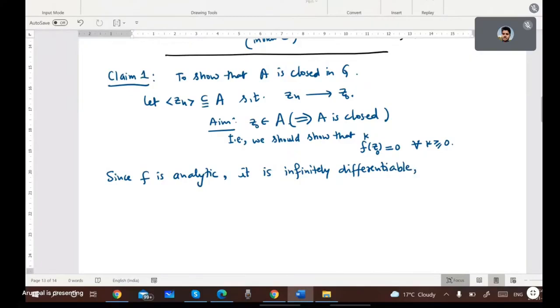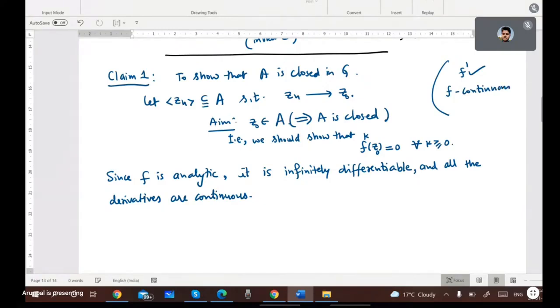And if it is infinitely differentiable, all the derivatives are automatically continuous. Because if it is differentiable twice, it means the first order derivative is continuous. If it is differentiable thrice, then whenever you take the next order derivative, the function up to the previous order derivative will be automatically continuous. Whenever you say that f dash exists, this automatically means that f is continuous.